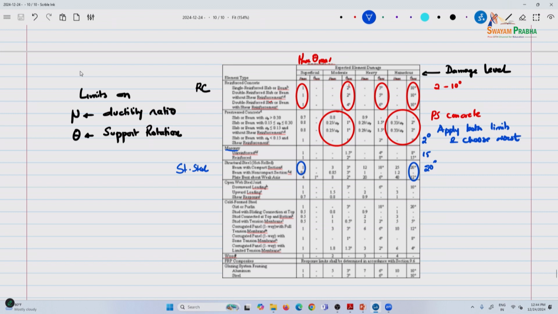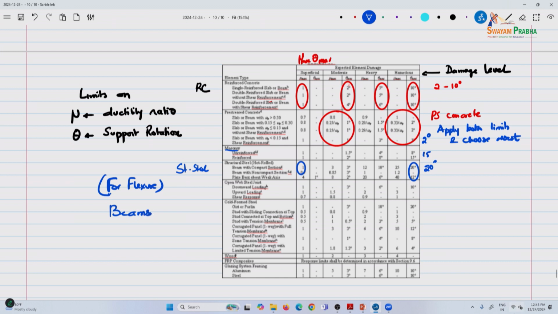And this one, if you see, is for flexure. Clearly, ductility and support rotation, this is for flexure, so this is beams basically.